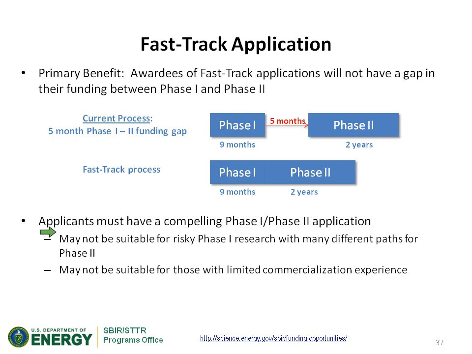The one thing I would point out is that you do have to have a very compelling phase one, phase two application. A lot of the work we do, particularly in phase one, is high risk. If you have a high risk phase one for which the research path in phase two could look very different, it's probably not as suitable for a FastTrack application, because you won't be able to detail all of that if you don't know the results of phase one.